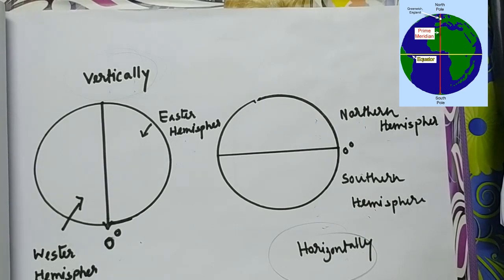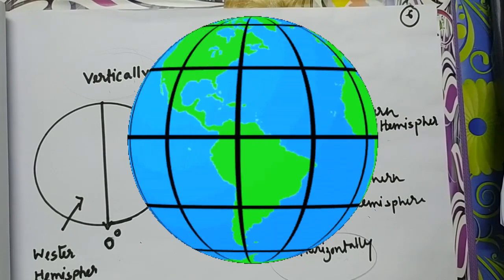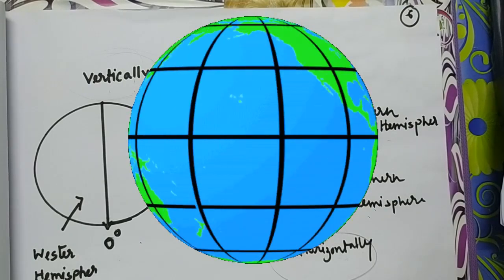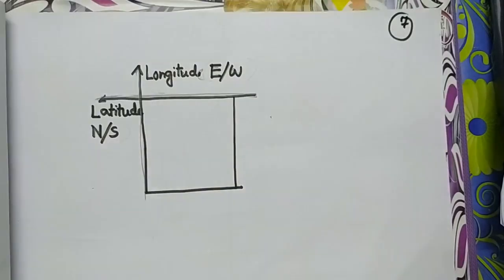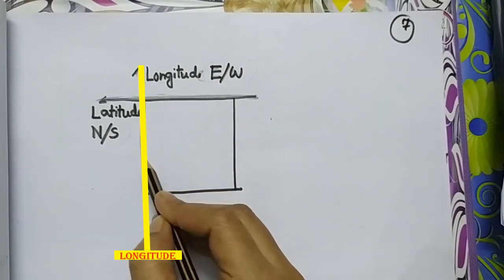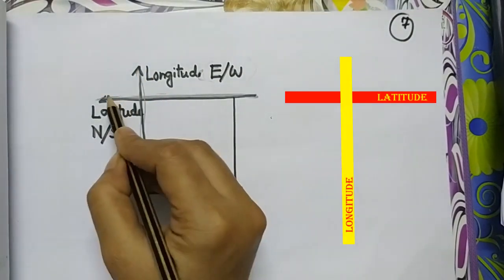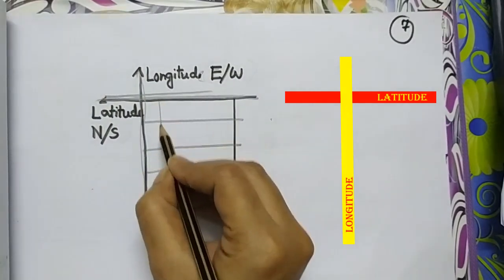Remember, this network of latitudes and longitudes is called the global grid or the geographical coordinates. It is very important as it helps us locate various places. Longitudes are vertical lines, latitudes are horizontal lines.